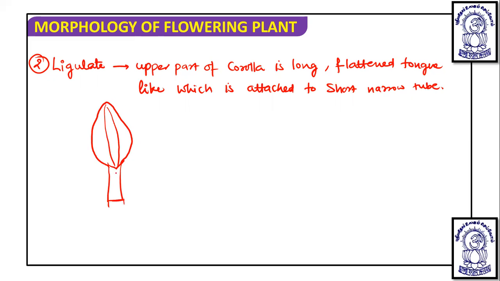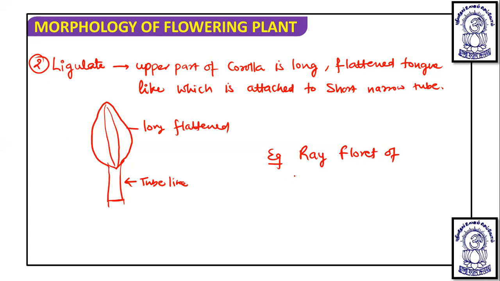So the corolla here is a narrow tube-like, and here it is long, flattened, tongue-like. Then this is known as the ligulate corolla. And this gamopetalous zygomorphic corolla is found in the ray floret of sunflower.